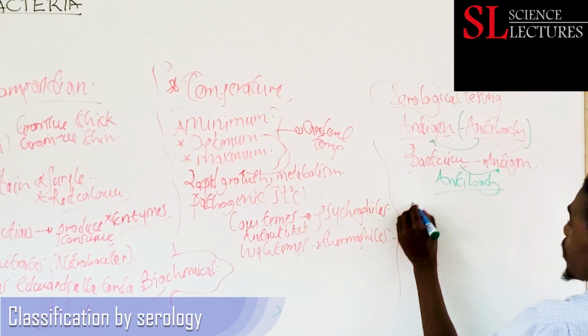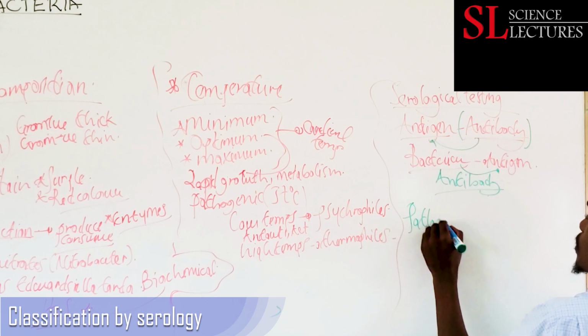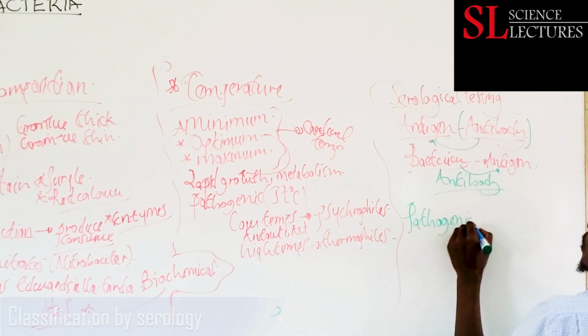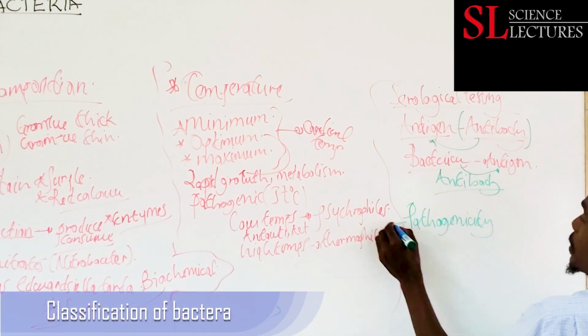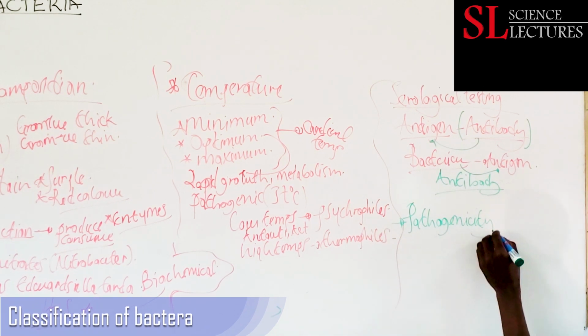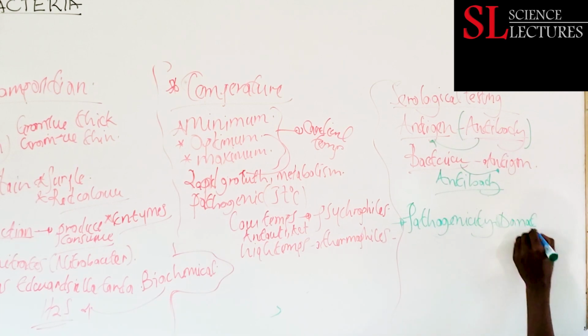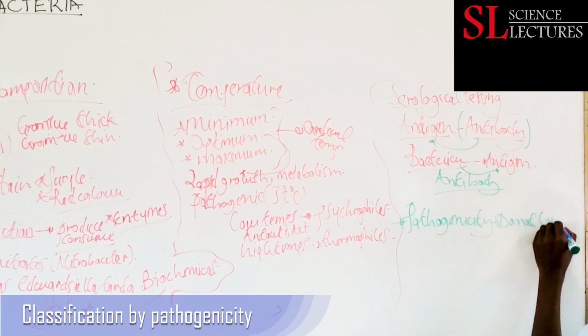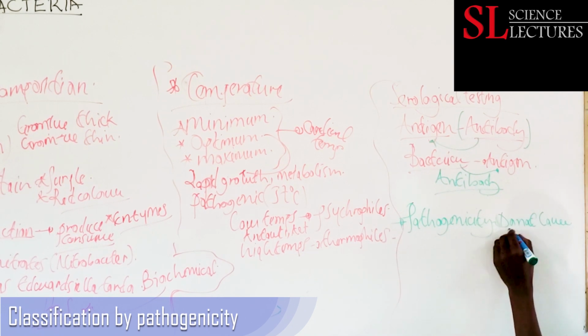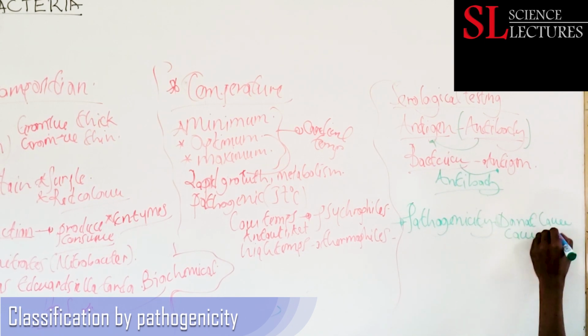Then we can classify also basing on pathogenicity, the ability of the bacteria to cause disease, or to become a pathogen. We can have bacteria that do not cause any disease, and we have bacteria that can easily cause diseases.